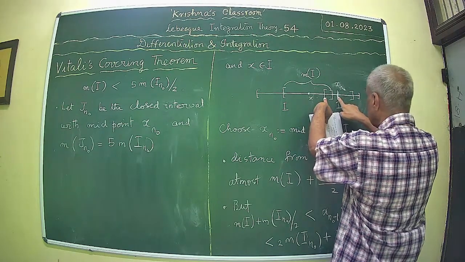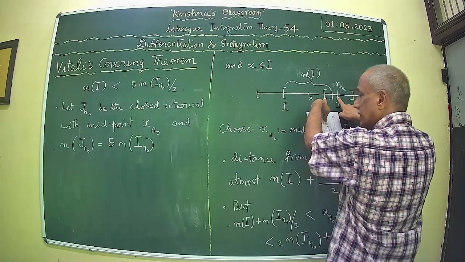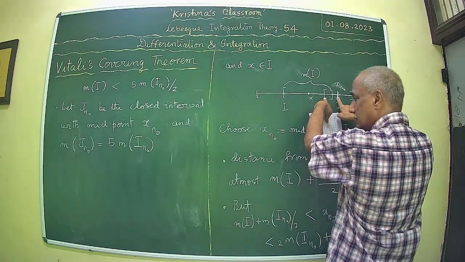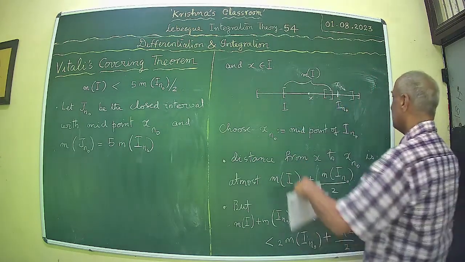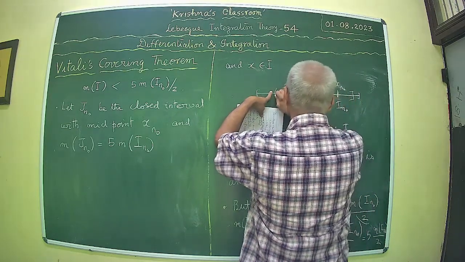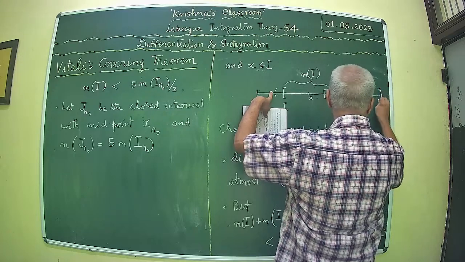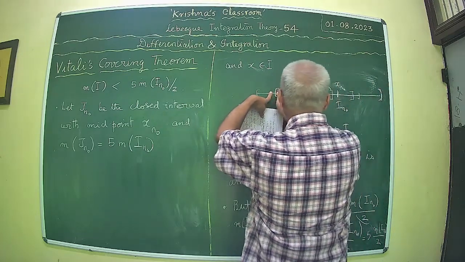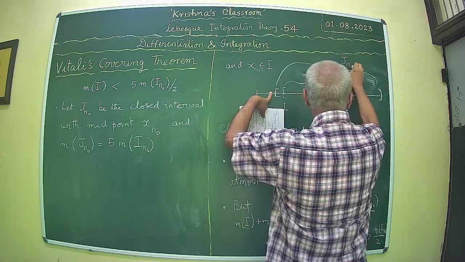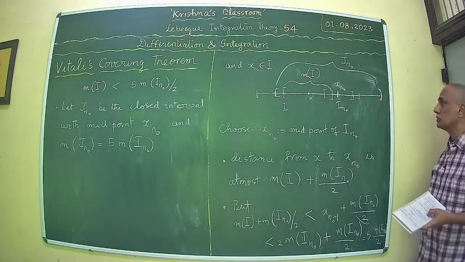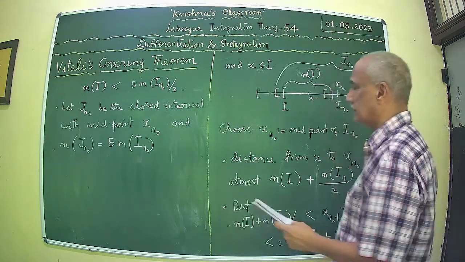We are taking x n naught and taking an interval J n naught with 5 times the measure of I n. On this side it will exceed this, since this is kept as the midpoint. So the J n naught has captured x in it.